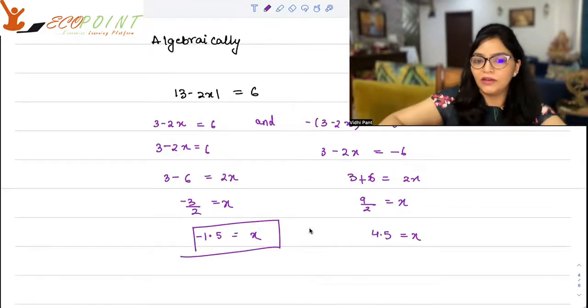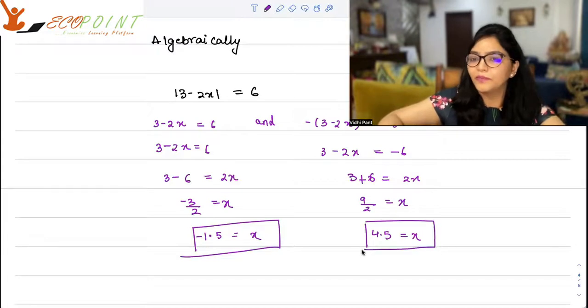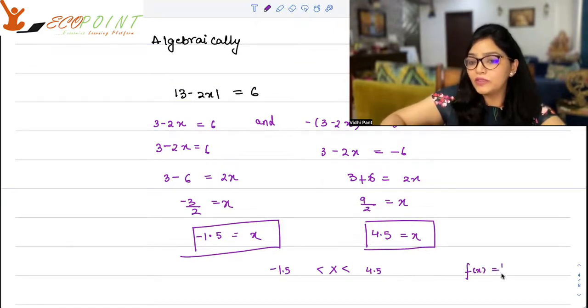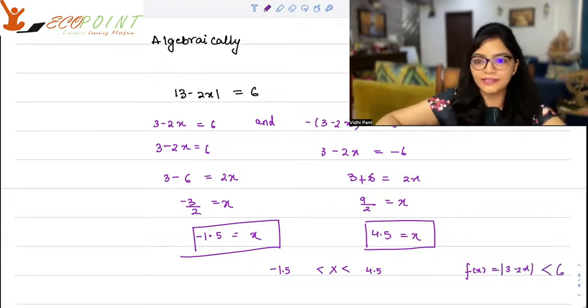Algebraically, these are the 2 points. And if x is between these 2 points, minus 1.5 and 4.5, your f of x, which is equal to mod of 3 minus 2x, will be strictly lesser than 6.